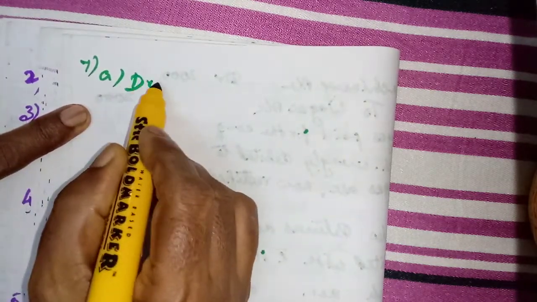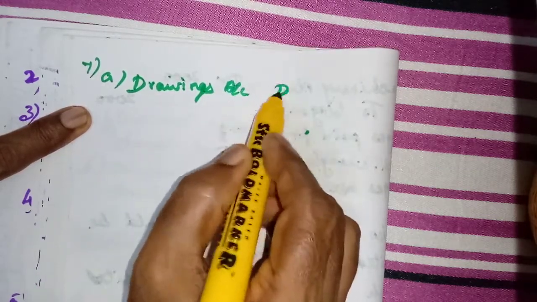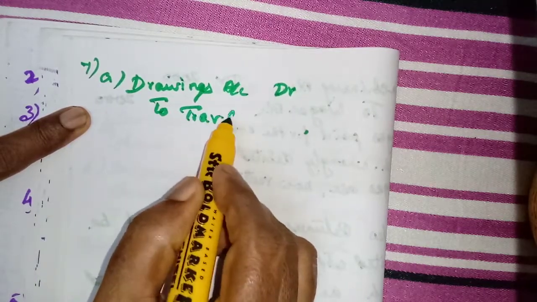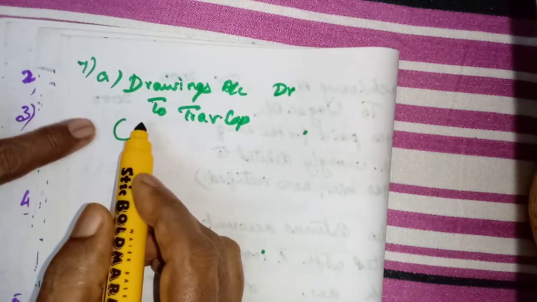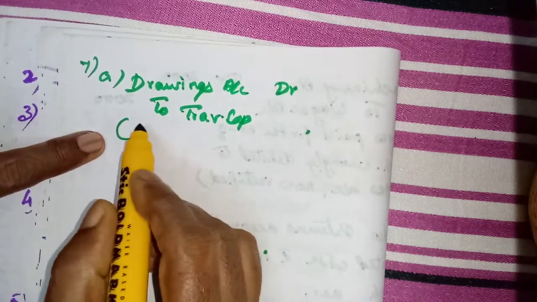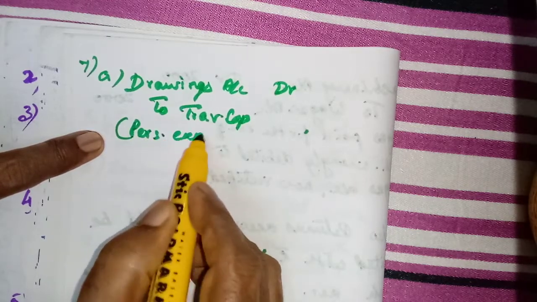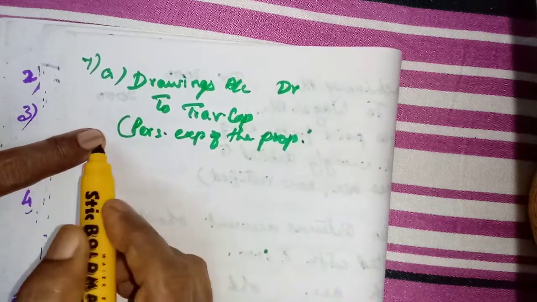Drawings account debtor to traveling expense account. Then you should write the narration: personal expense of the proprietor, the spelling is given in the book.